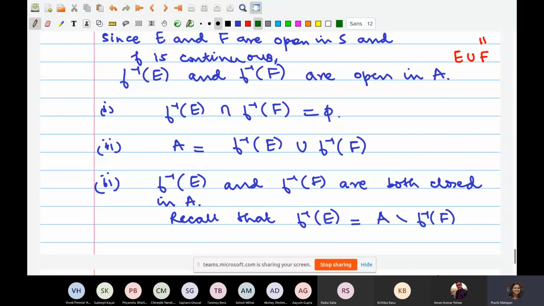Already we know that this set is open in A, so its complement is going to be a closed set. And similarly, likewise, the other statement.